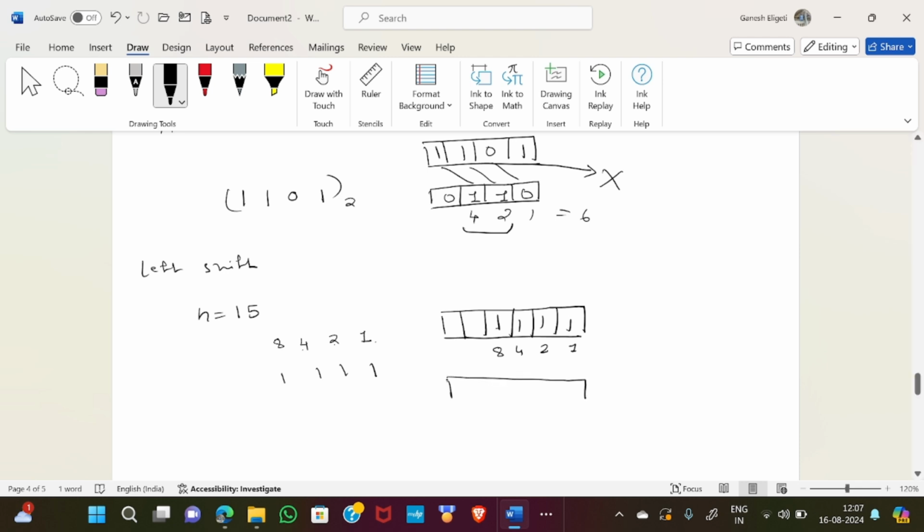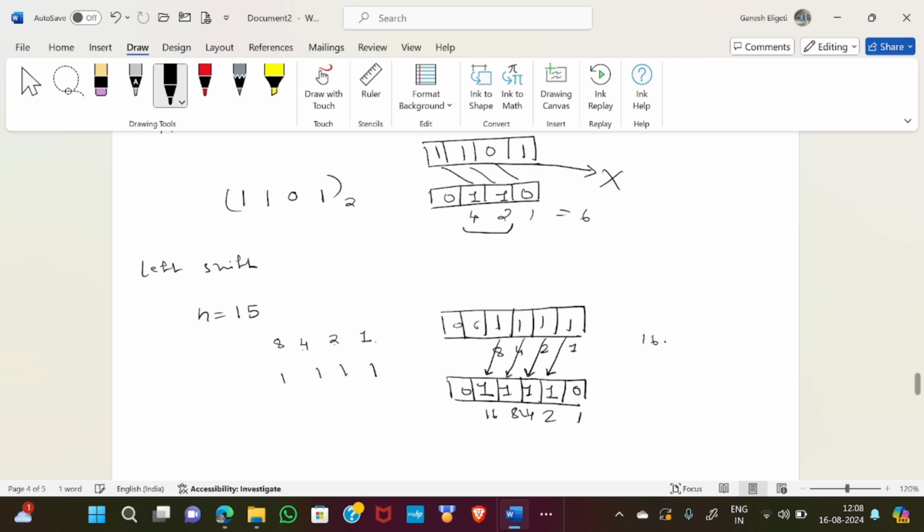But when we do a left shift operation, we will add a 0 over here and shift all the other elements one bit to the left. This is 1, again 1 and 1, and these are of course 0 before all this. So this is 1, 2, 4, 8 and 16.